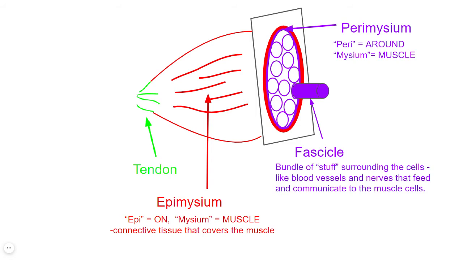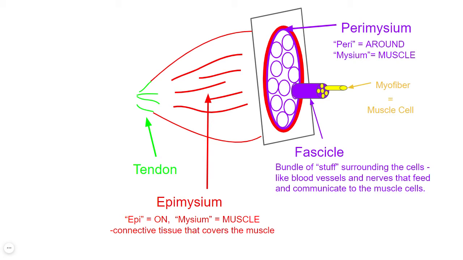Now we're going to continue taking our little voyage in. And of course, inside those fascicles are more tubes. These tubes are called myofibers. Myo, remember, is muscle. And then fiber here relates to the cell. So a myofiber is a muscle cell.